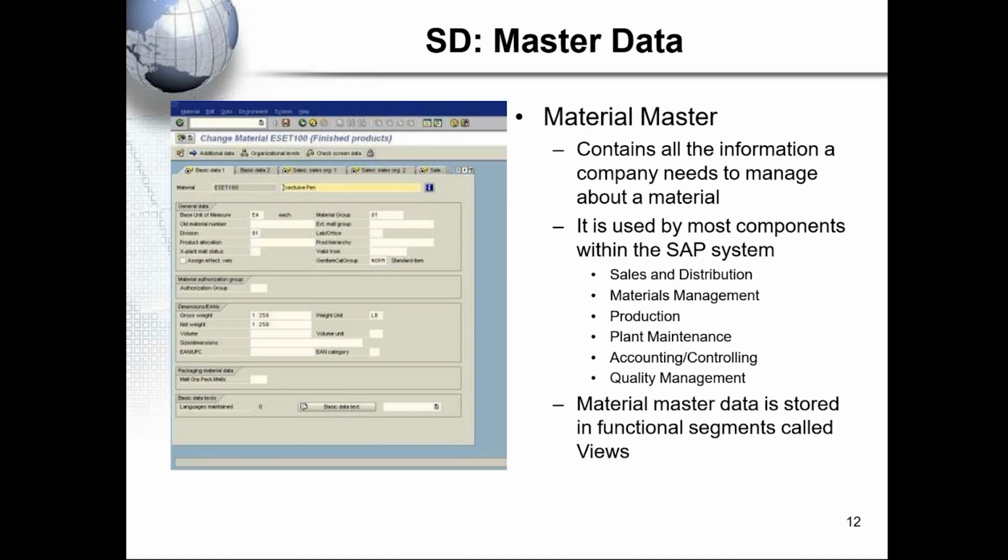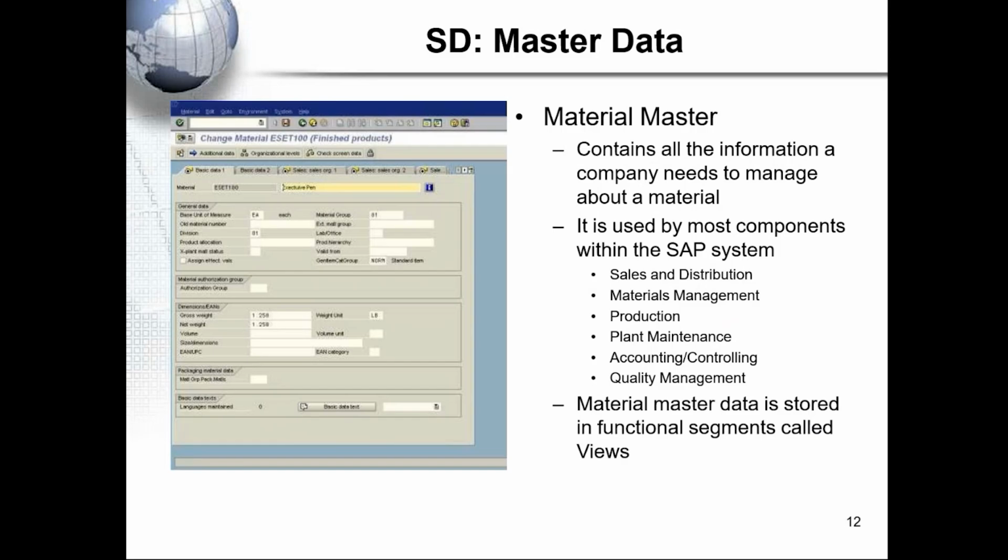And material master data is not only maintained by one module. It is maintained by multiple modules like sales and distribution, material management, production, plant maintenance, accounting, and quality management. So there are different modules involved in maintaining the material master data.